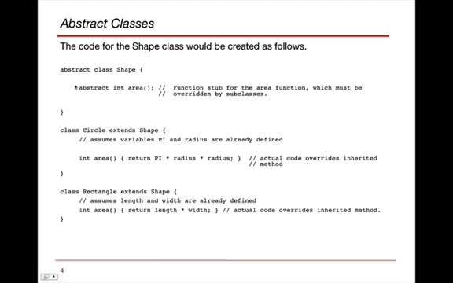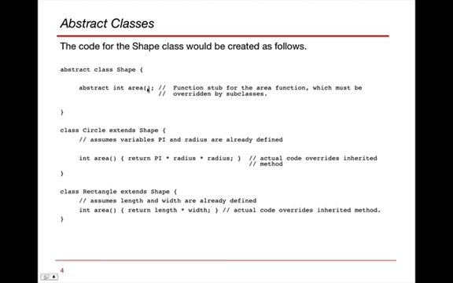So this is what the code actually looks like. We have this class called shape, which is an abstract class, and the function stub abstract int area must be overridden by anything that inherits from shape. Here's an example: class circle extends shape. Since shape is abstract, all of the abstract methods must provide some code. So we have int area. Area returns a type integer, and so this returns a type integer.